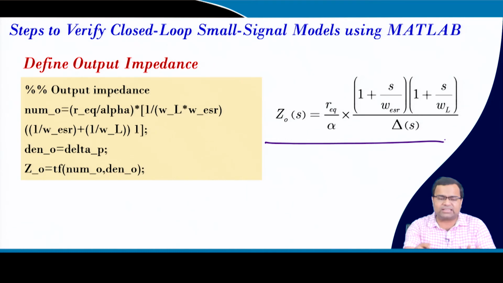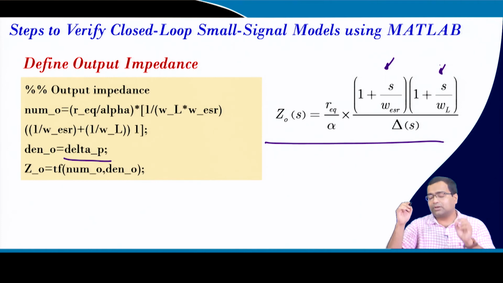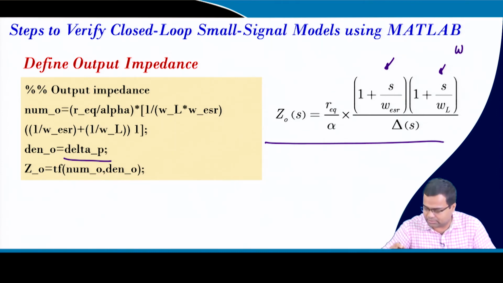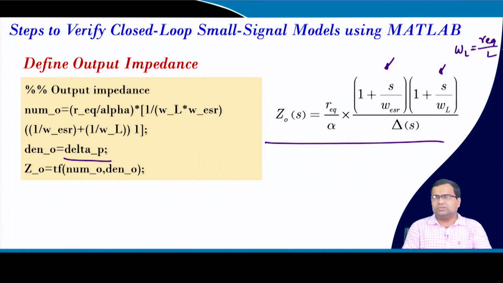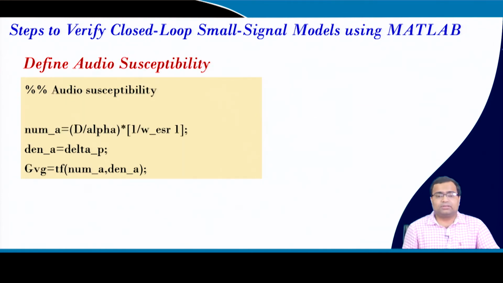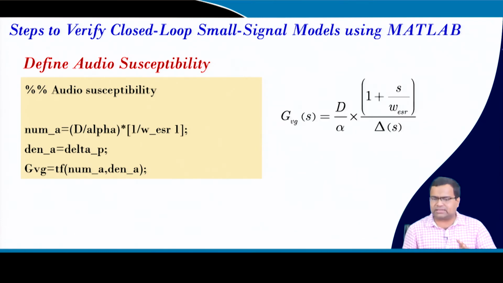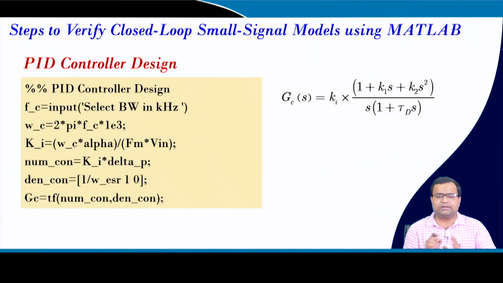So, these are all explained: the denominator pole is common delta, and it has 2 zeros, one due to ESR and another due to the DCR, the equivalent resistance of the inductor and RDS on. So, here omega L, what is omega L? Omega L is nothing but R equivalent by L. Okay. Then audio susceptibility we have also discussed, open loop audio susceptibility.